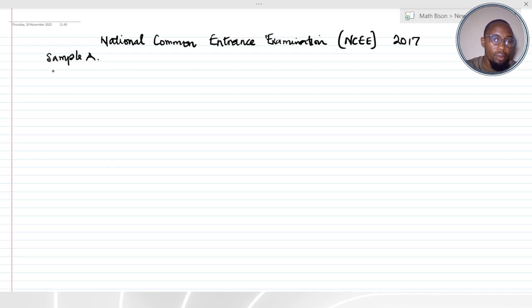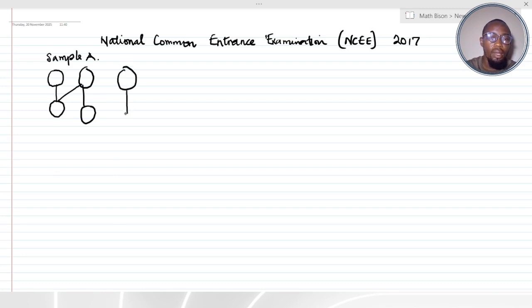In sample A, we have these cute circular objects, and we have 3 of these.